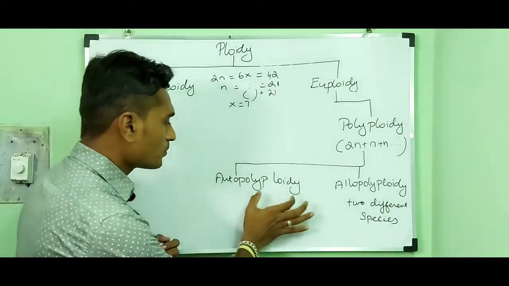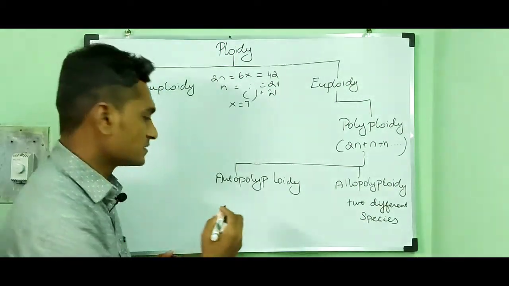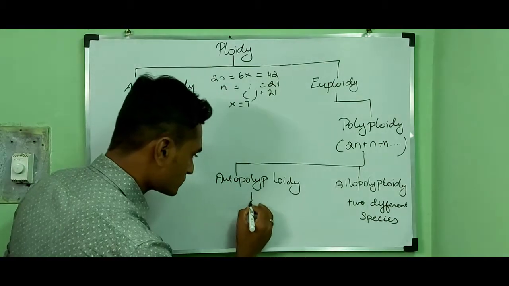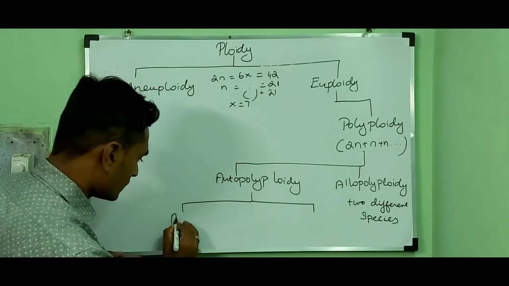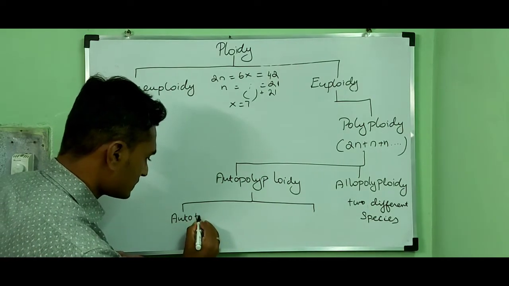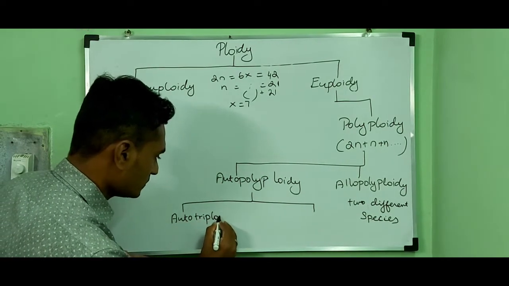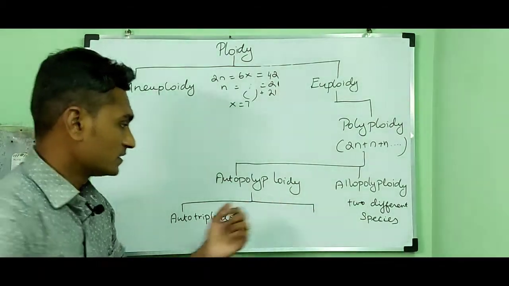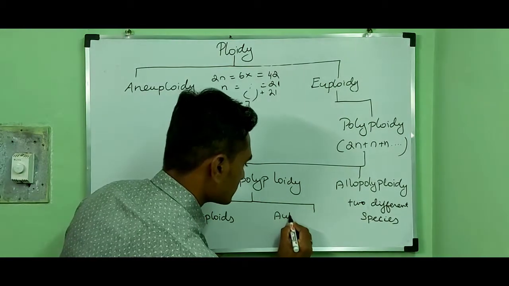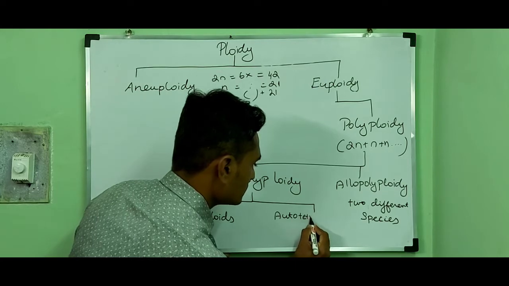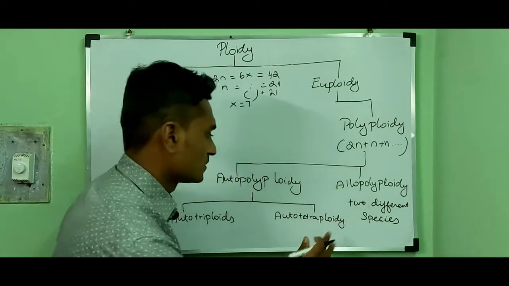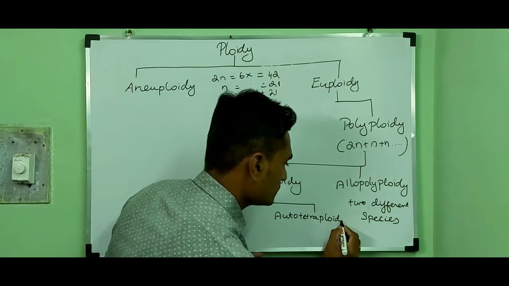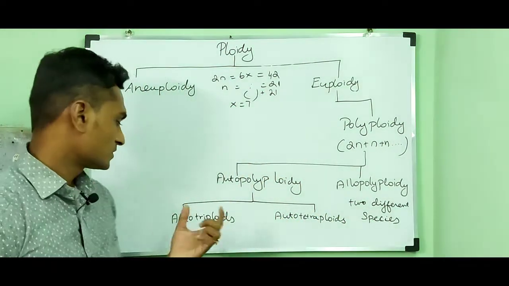Autopolyploidy can again be divided into two types. They are autotriploids and autotetraploids.